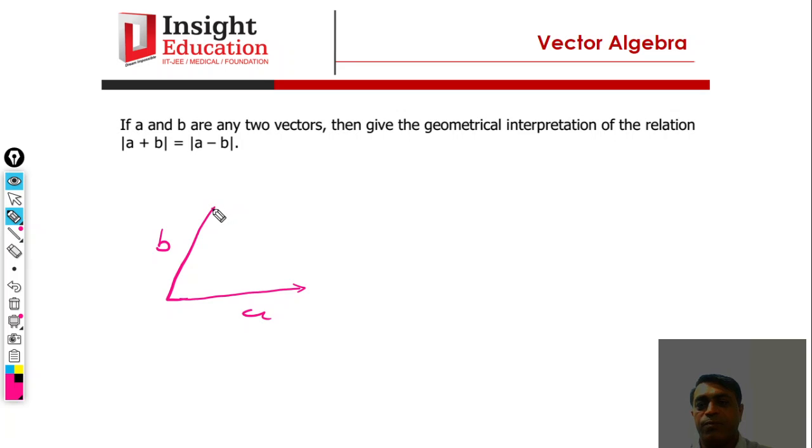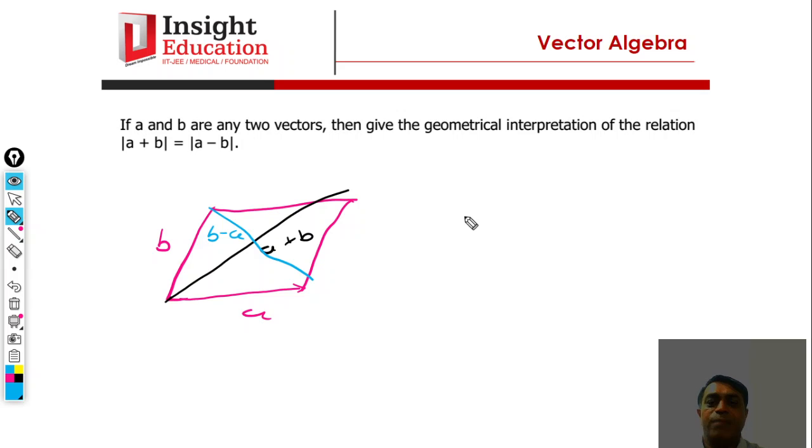If I draw the parallelogram, this first diagonal is a plus b. And the second diagonal is a minus b, or I can say b minus a.